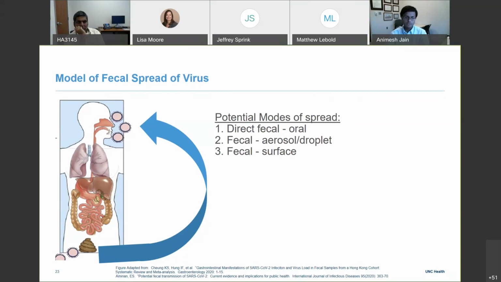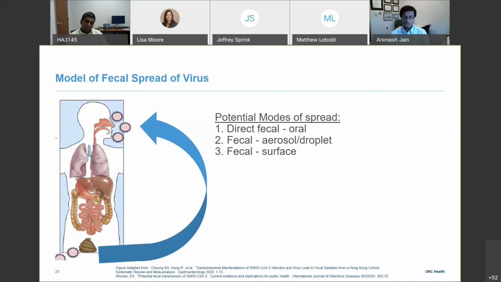Number one is direct fecal-oral spread. Your classic examples would be norovirus or hepatitis A, which have direct fecal-oral spread, direct virus in the stool that somehow gets into a person's mucous membranes and gets ingested. Route number two would be that there's virus in the stool, and then it somehow gets aerosolized in droplet form. And then number three would be direct fomite or surface contact.